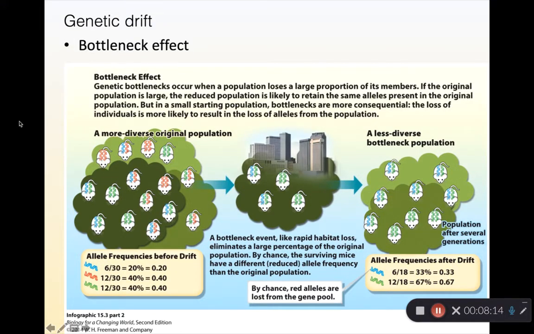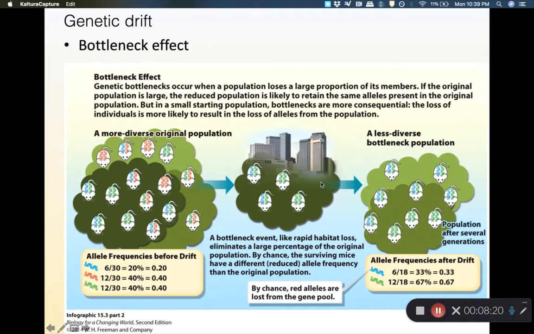Another important cause of genetic drift is something that we call the bottleneck effect. So the bottleneck effect is something that happens when we see a rapid loss of a large percentage of your original population.